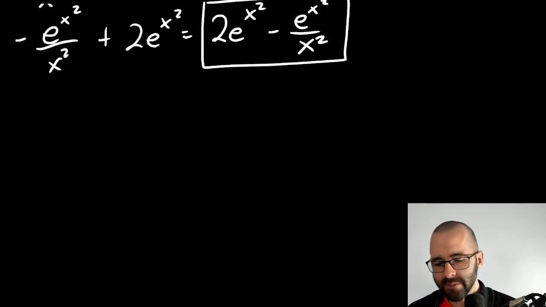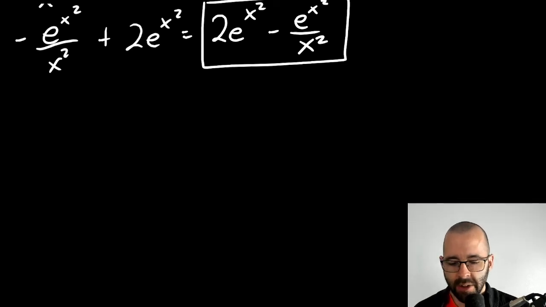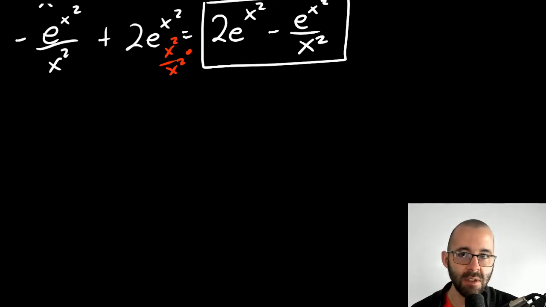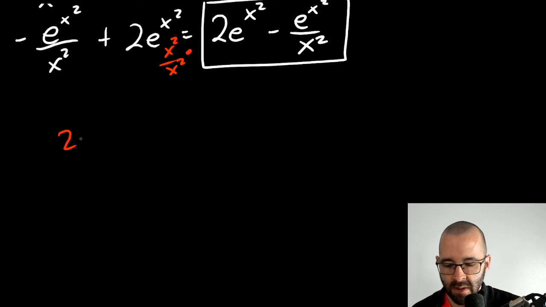Okay. So if you're checking your answer in the book, they might give it in a different way. The book might multiply that first one by x squared over x squared, so you can combine the fractions. And if you use the quotient rule, you're also going to get this as well: 2x squared e to the x squared over x squared minus e to the x squared over x squared.